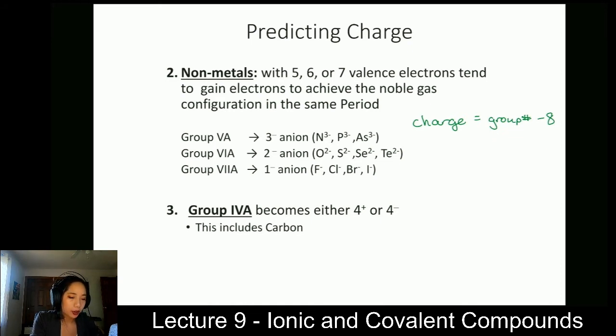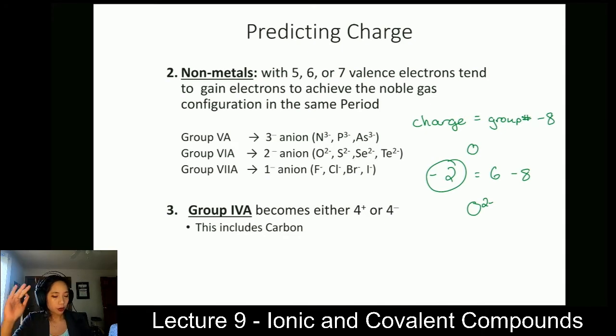So for example, oxygen is group 6A, so 6 minus 8 equals -2. So if oxygen were to form an ion, it will most likely be an oxygen 2- anion.